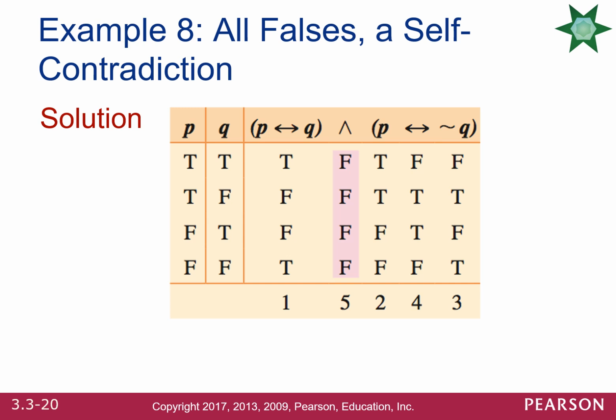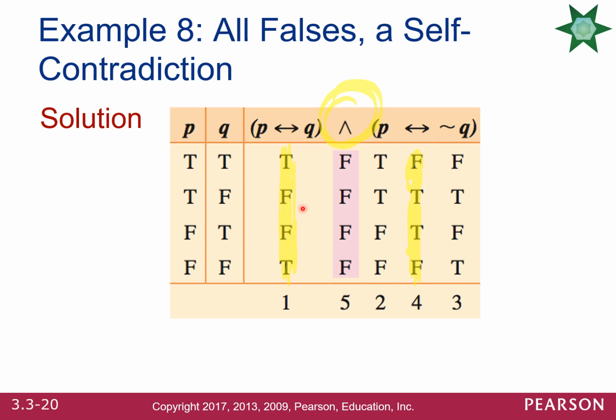So I'm going to highlight these columns here, which we are going to consider to do the final evaluation. Let me pick a yellow here. All right, so this column, and with this we are comparing this column. And this time it's an and, correct? We are doing an and operation. So in the and operation, if any of the values is a false, it will result in a false.